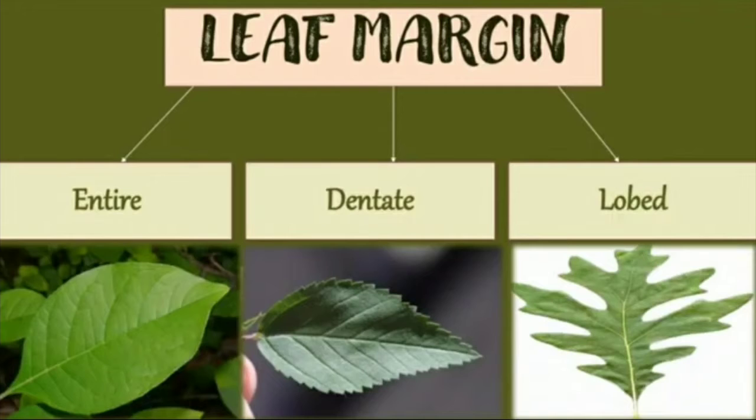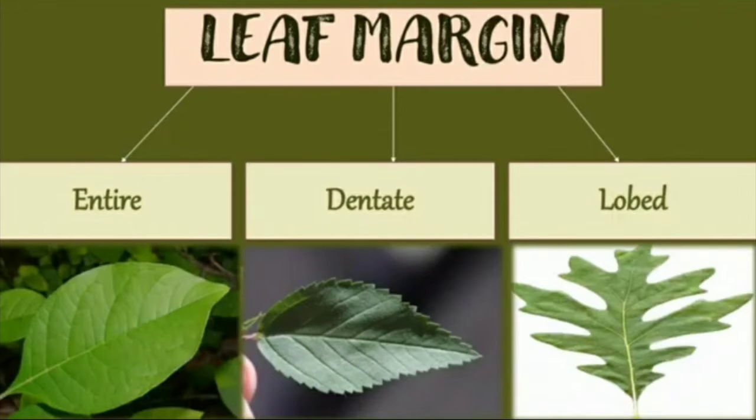It is a smooth margin, therefore it is called entire margin. Second is dentate. It means having tooth-like edges. As you can see here, children, the leaf has a tooth-like edge. Therefore, the name given is dentate.